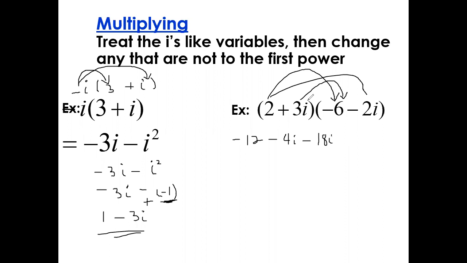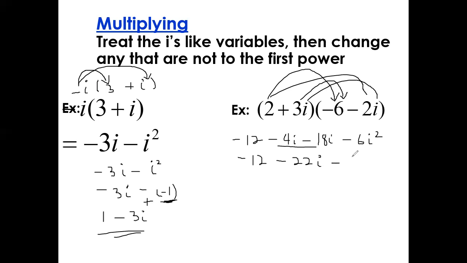Then we also have 3 times 2i, and there's a negative here, so -6i squared. So this will give us -12, -4i minus 18i will be -22i.